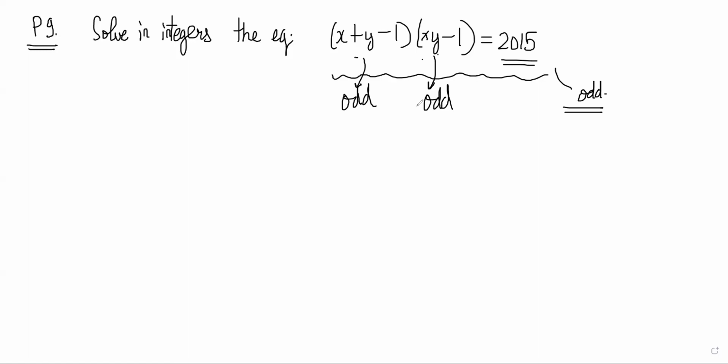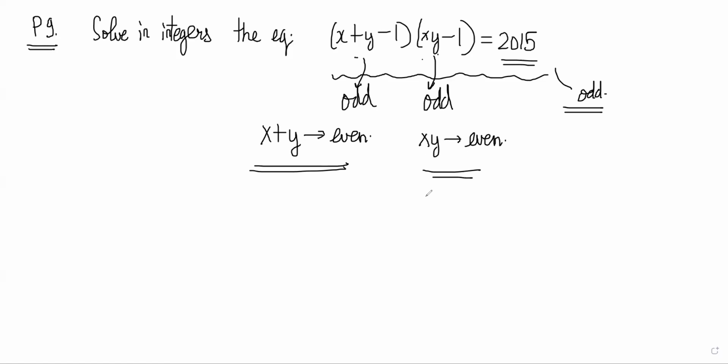And now we need to understand what happens to x and y if both of them have to be odd, right? Let's think about it. Xy minus 1 is odd, so xy is even, right? And x plus y minus 1 is odd, so x plus y is also even.